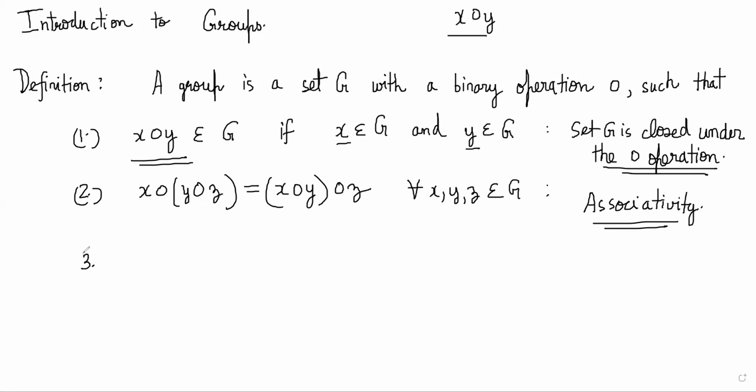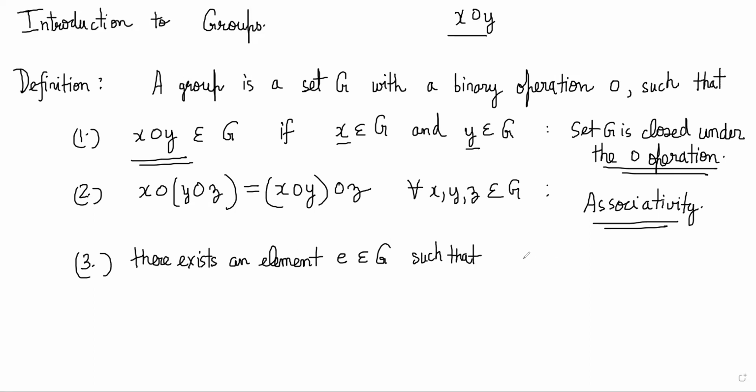The third property that is characteristic of groups is that there exists an element E belonging to G such that for all x belongs to G, E dot x is equal to x dot E is equal to x. So this is existence of identity element.